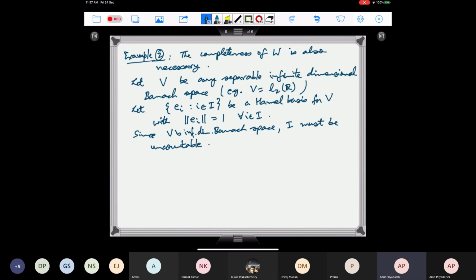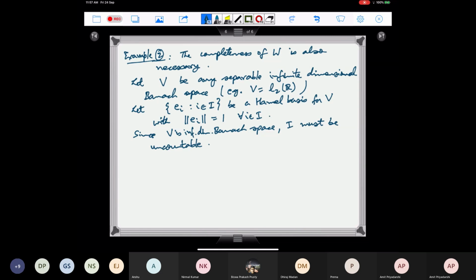Now we will define one more norm on this vector space V. So that also you have seen. If we have any vector space, then we can define a norm on that by using a Hamel basis, right?